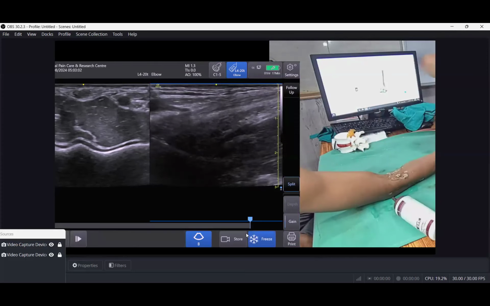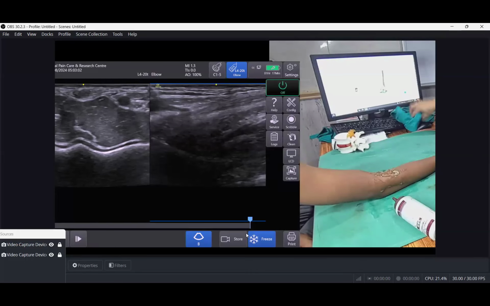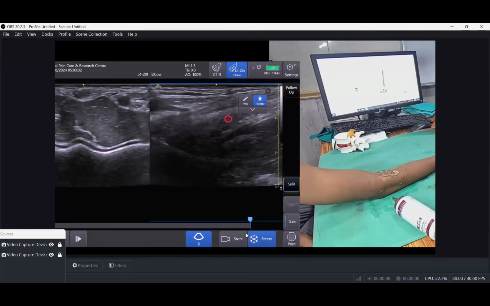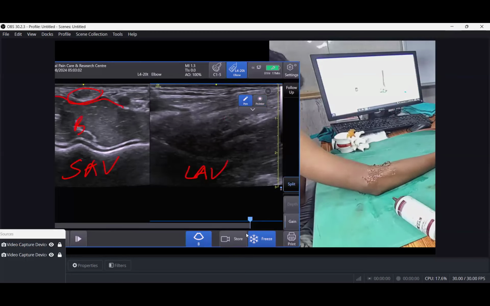Here I have included both the long axis view and the short axis view, so you will be more clear. In the short axis view, you can see biceps above and below this the brachialis. In the long axis view, you can also see biceps above getting attached, and below this is the brachialis muscle. Yes, sir. Thank you, sir.